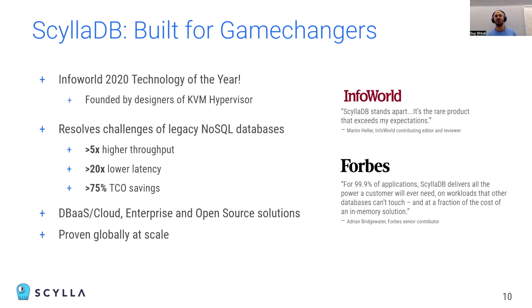It's open source, so you can download the code, you can play around with it, you can compile it yourself, you can add features and so on. But we also have an enterprise version which is built on top of the open source version. With the enterprise version, you get some extra features and also our customer support, 24/7 support. Additionally, we have a database as a service or cloud offering where we run a managed ScyllaDB cluster for you.